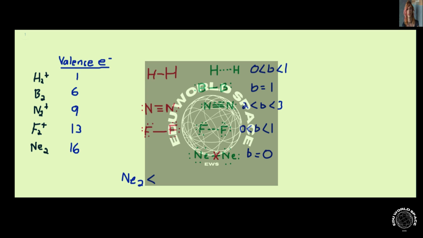Hydrogen's atomic radius is going to be 0.53 angstroms. For fluorine, it's going to be 1.47.